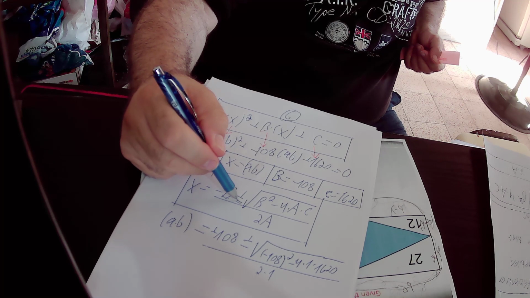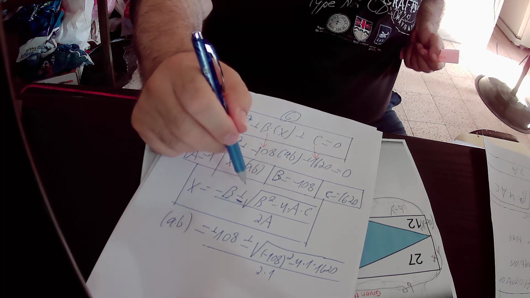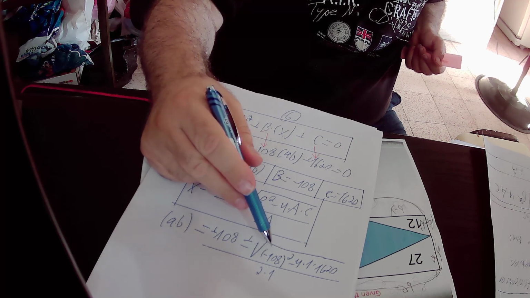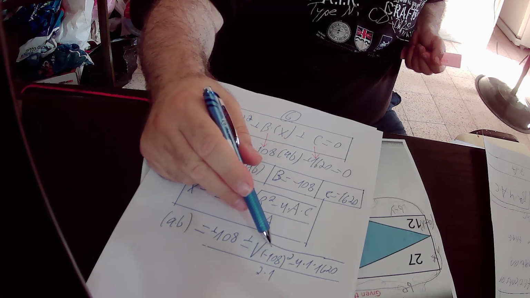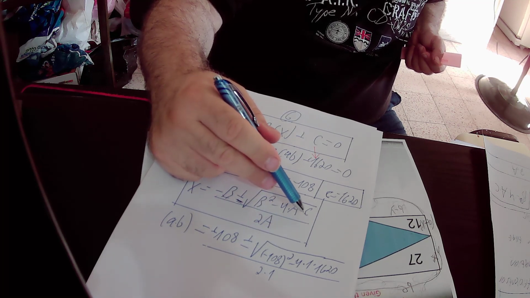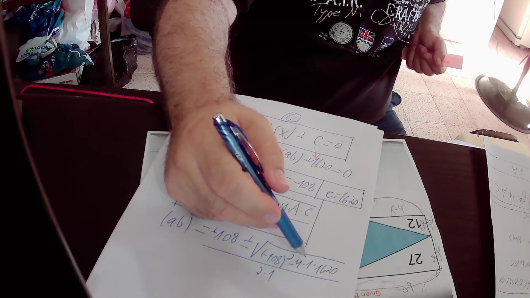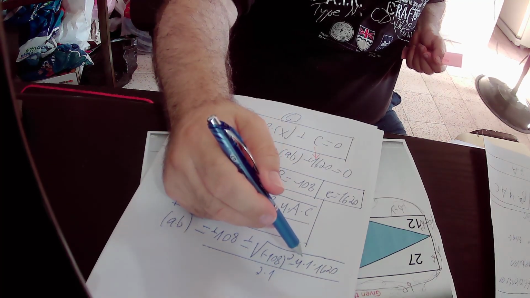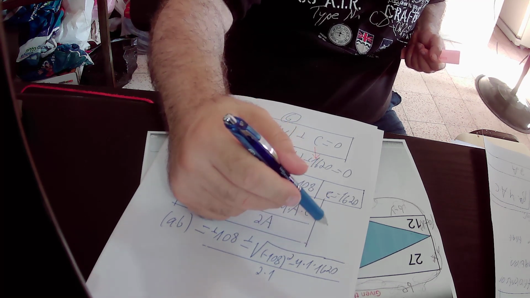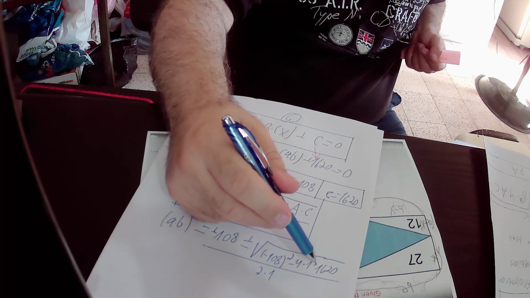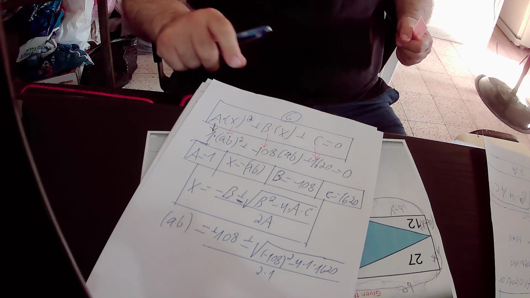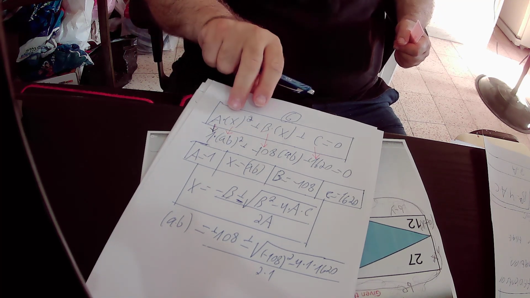Plus or minus the root of b squared, so negative 108 squared, minus 4 times a, which is 1, times c, which equals 1620. Okay, so we will do the calculations here.